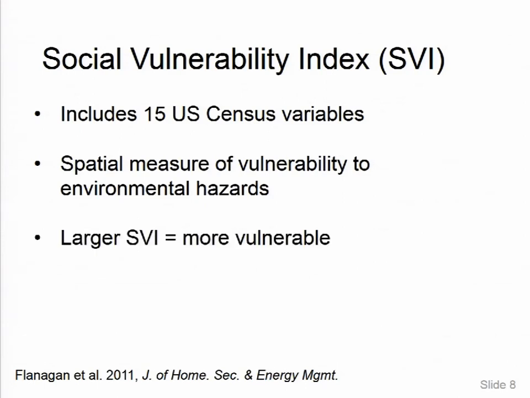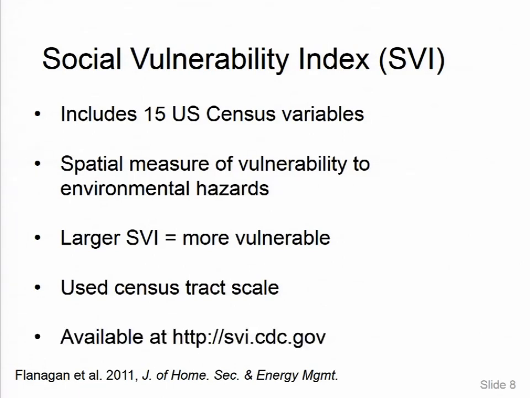The larger the Social Vulnerability Index value, the more vulnerable a particular community. The data set that we used has the Social Vulnerability Index at the census tract scale, and you or I could download that data from the Center for Disease Control website shown here.